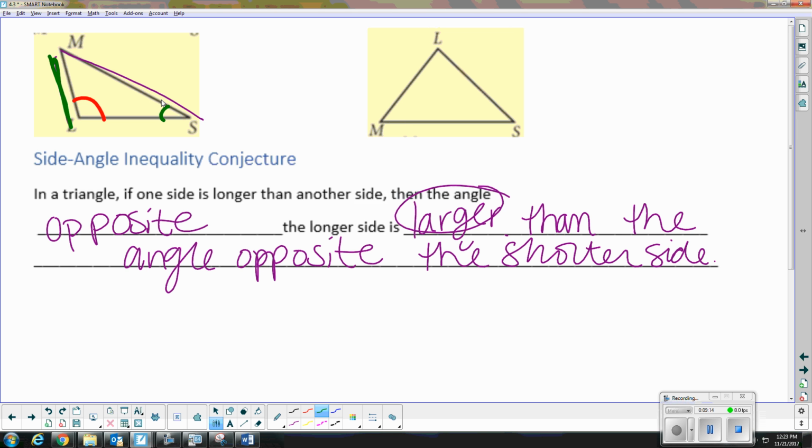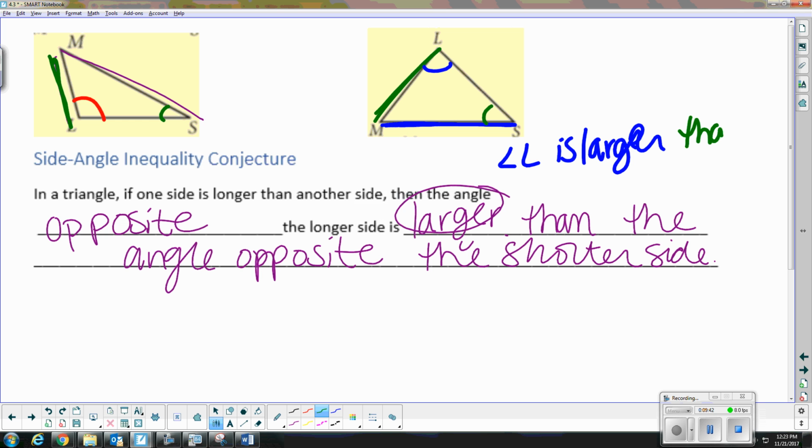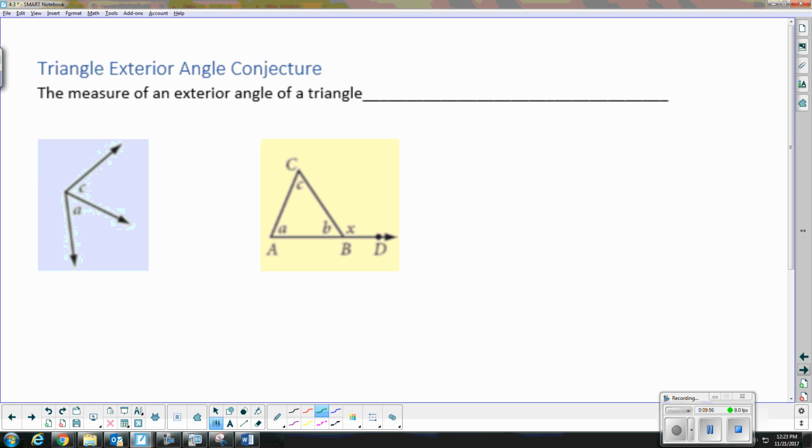So that will be true with any triangle. So any kind of scalene triangle you draw, here's the shorter side, here's the longer side. That means that this angle, angle L, is larger than angle S. So you could do that with any triangle, use your protractor, use a ruler, just to experiment with this conjecture, but that will always be true.